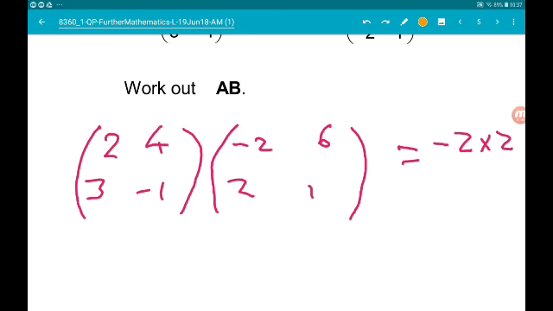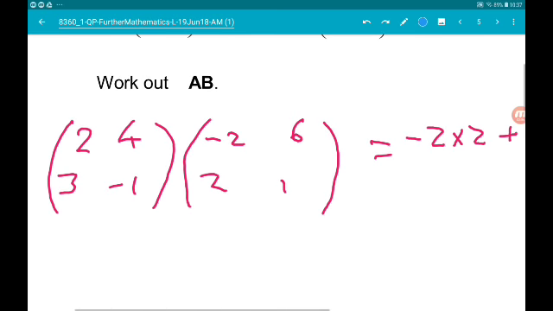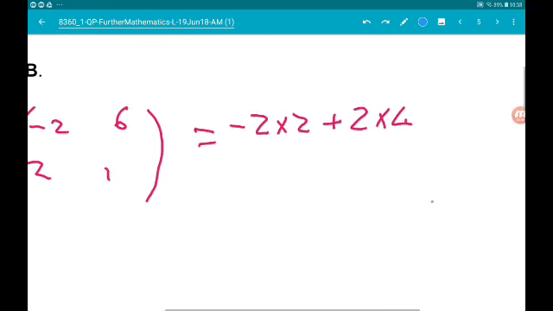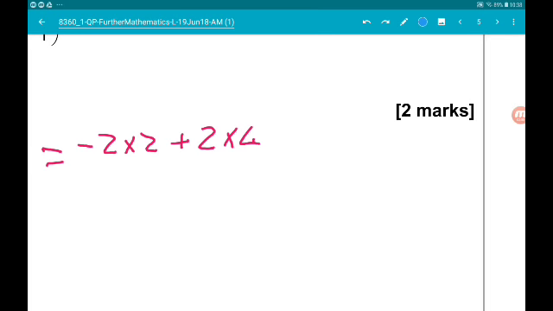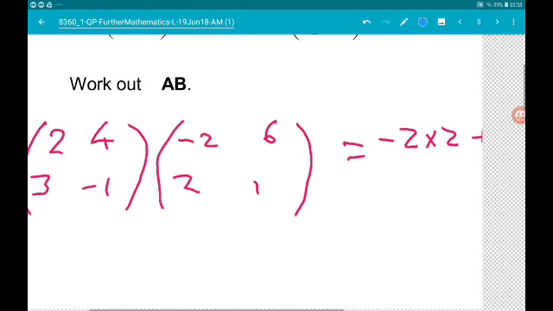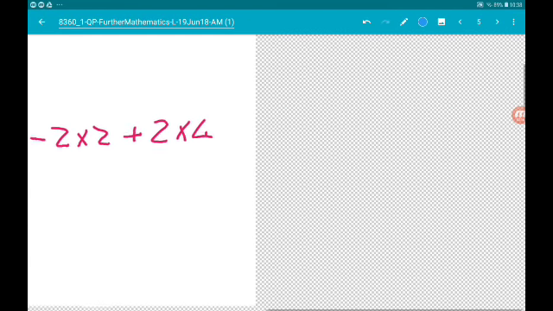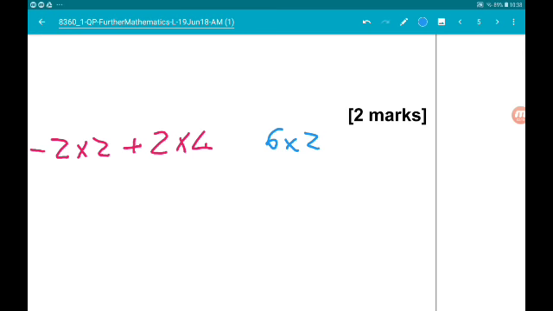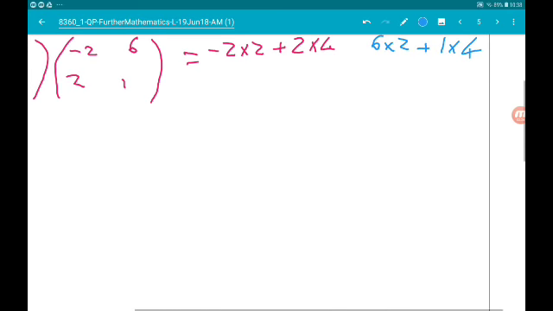For that, we're going to get 6 times 2 and then add 1 times 4. What I'm going to do as well is make our little answer matrix down here.